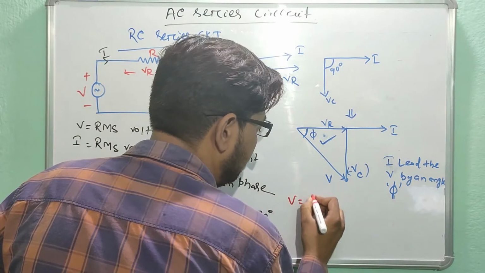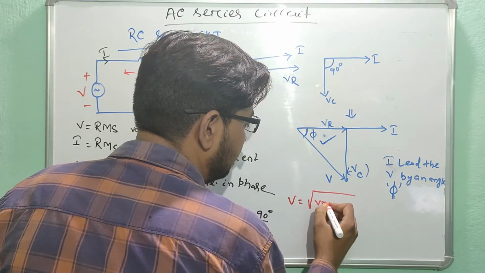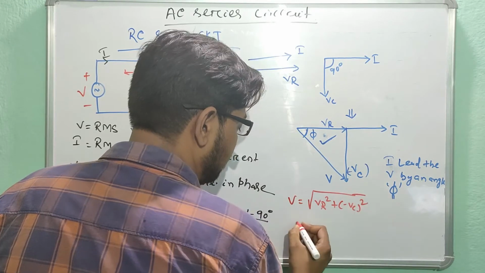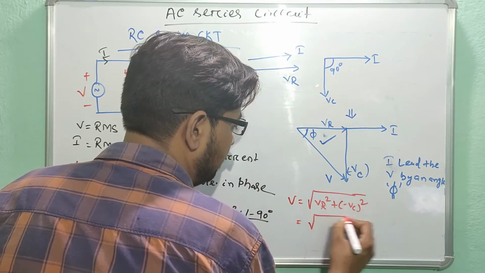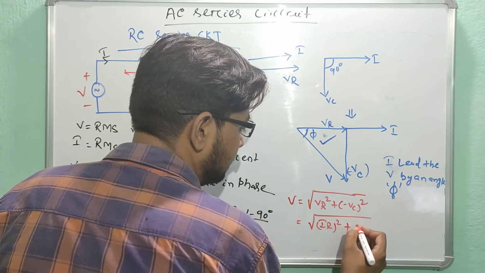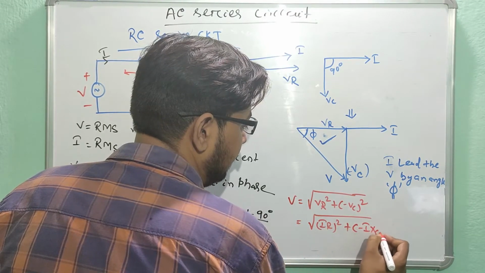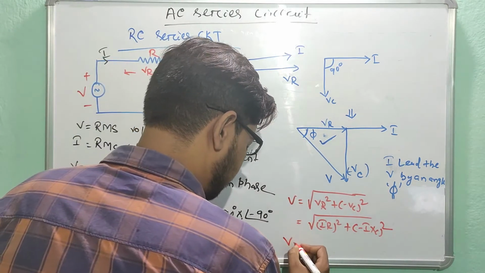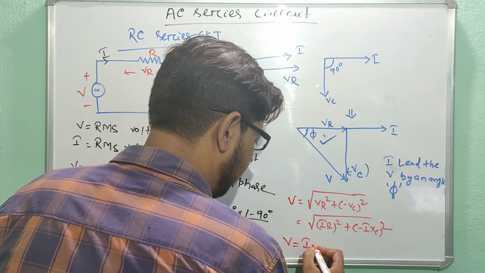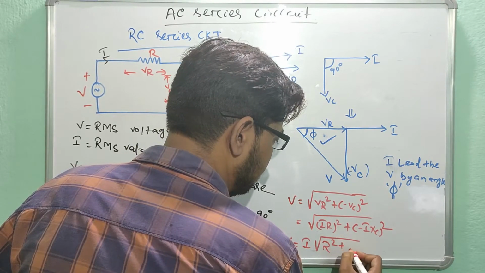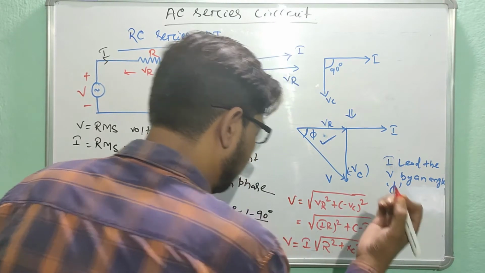V is equal to root over of VR square plus VC square, so that is equal to root over of (IR) square plus (I XC) square. So V is equal to I root over of R square plus XC square.